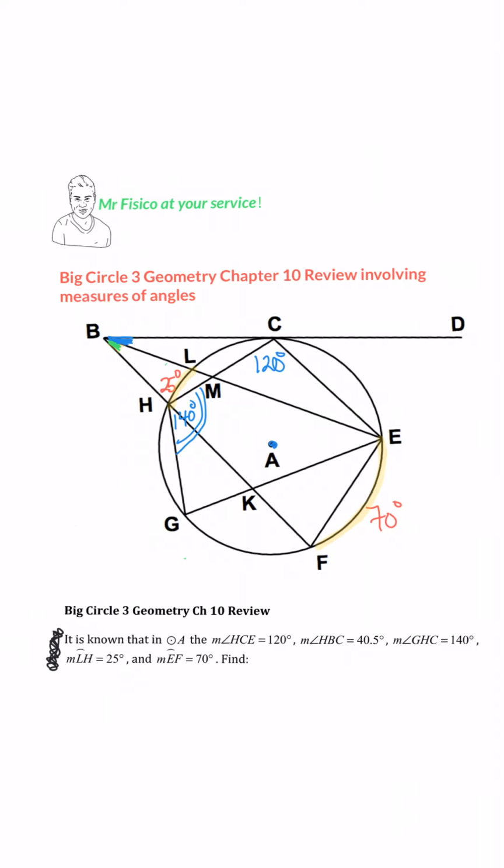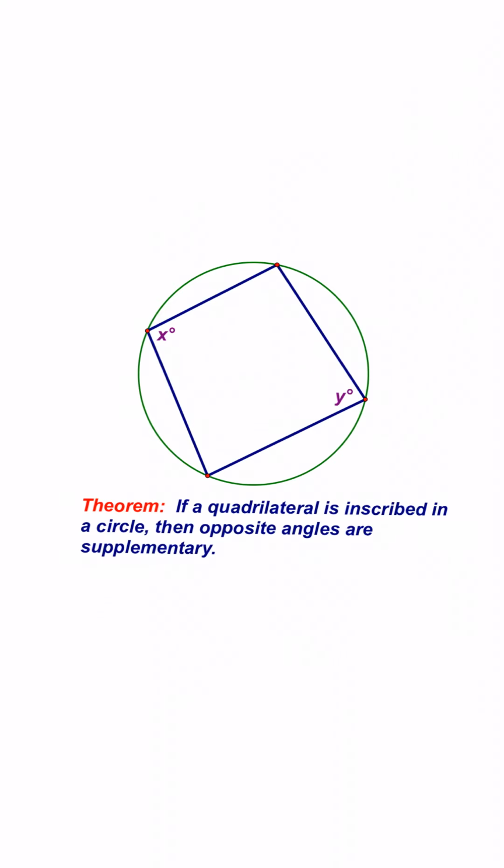Half of 45 degrees is equal to 22.5. So that is 22.5 degrees. The leftover angle, this angle here, is 40.5 degrees minus 22.5 degrees is equal to 18 degrees. So that is 18 degrees.